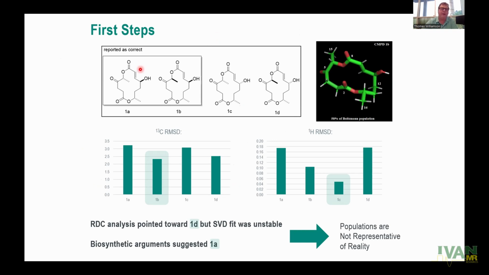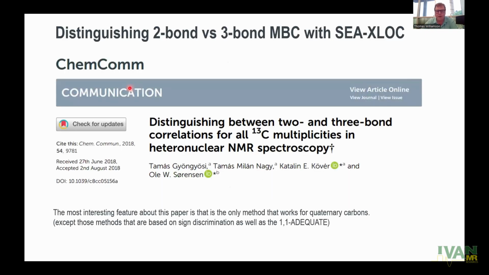But in order to do that, we needed to disambiguate some of these assignments. One of the main cases were these two methylene protons between these two carbonyls. They could be assigned either way, as they were fairly similar in chemical shift. So in order to use those data in the selection, we needed to know which is which, and so we looked at this SEA-XLOC experiment to carry this out.